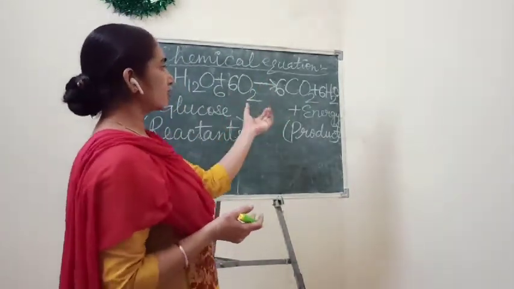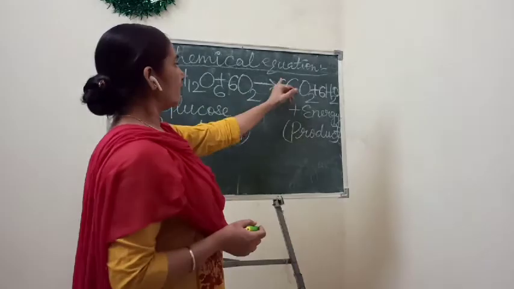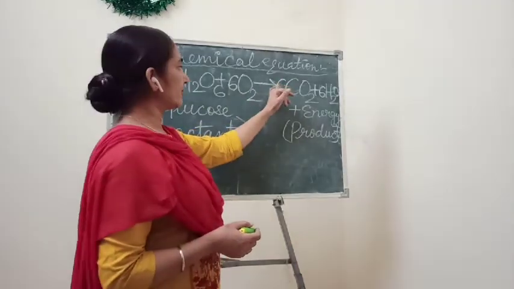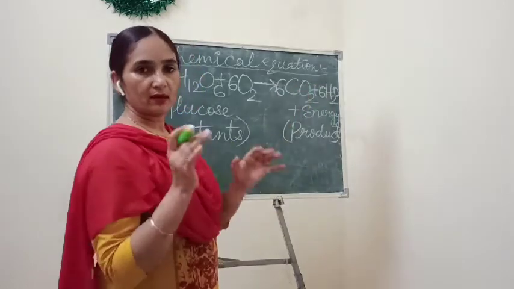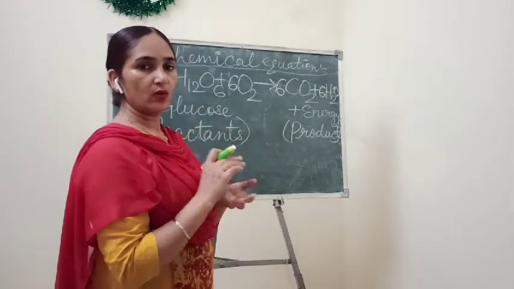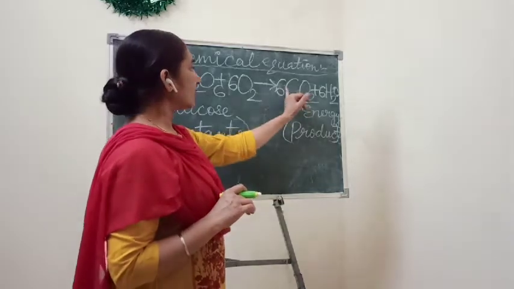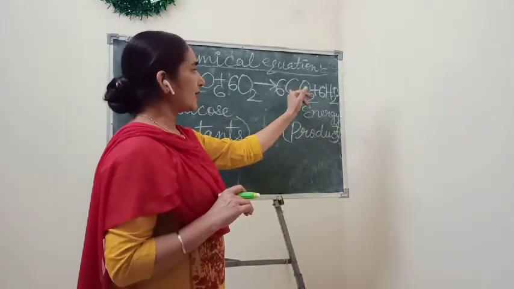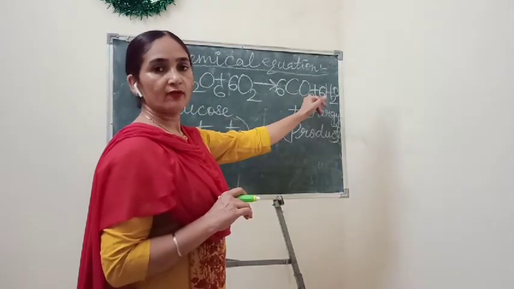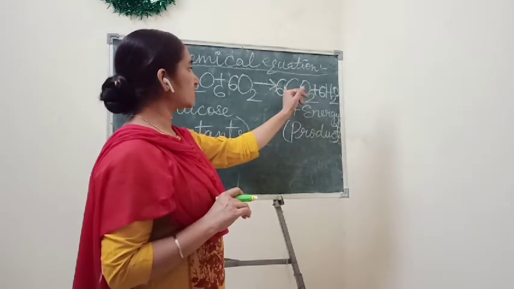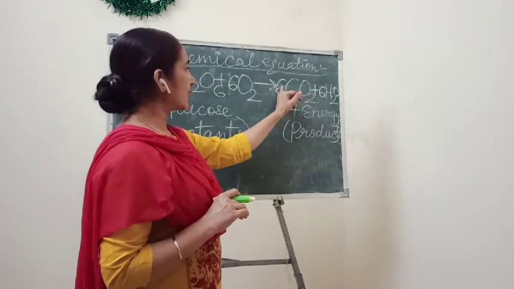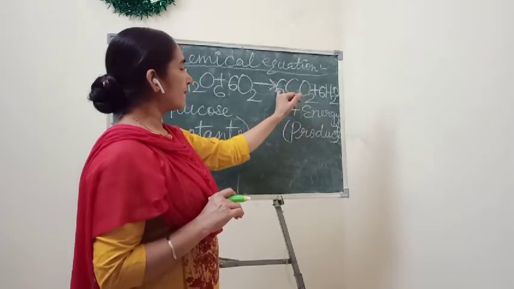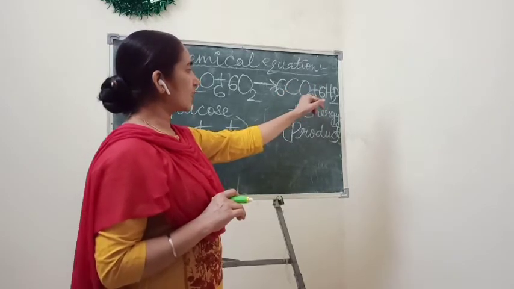Now let's calculate, children. When we write any number here, it means plus, we can write it for addition, this is the simple thing. This is the formula of carbon dioxide, a single formula, so this 6 is meant for both the things. Means here 6 carbons are there, but here 2 oxygen are already there.